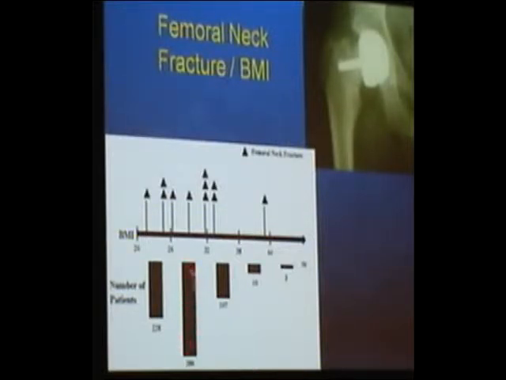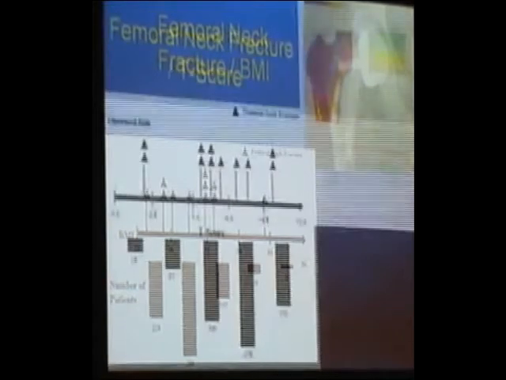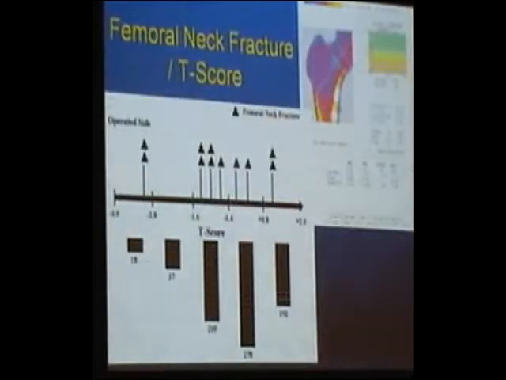Now, looking at femoral neck fractures and T-scores, the thing that started us doing DEXA scores were these 2 patients here, which had hip resurfacing relatively early on in my experience and went on to fracture. After these were excluded, you can see a fairly steady incidence of fractures, irrespective really of the T-score level.